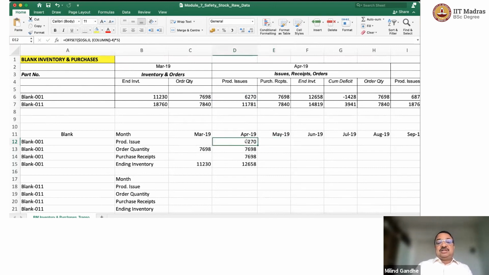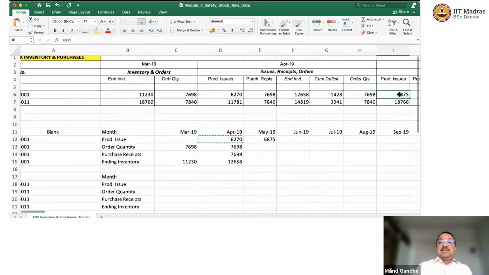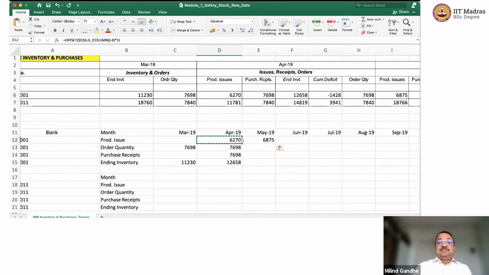Let me just check if I've done this right. We got it right. So what did I do? I said I want to move 0 rows and 5 columns. How did you say 5? Column minus 4 is what?